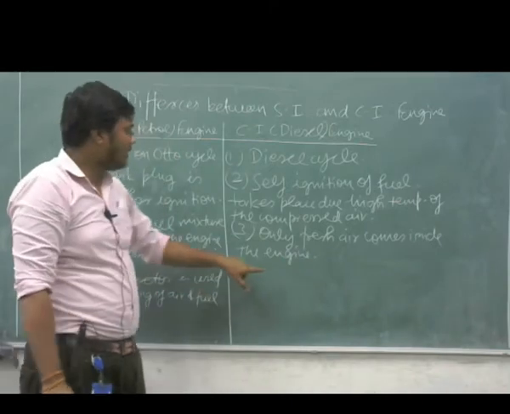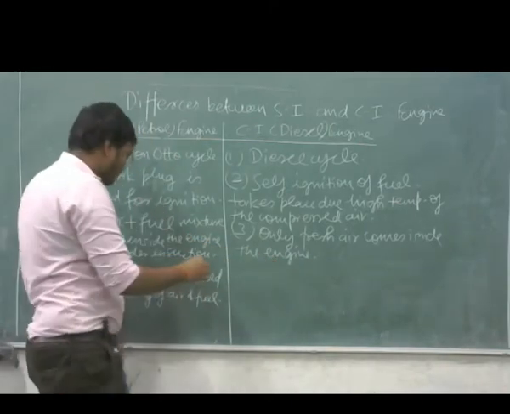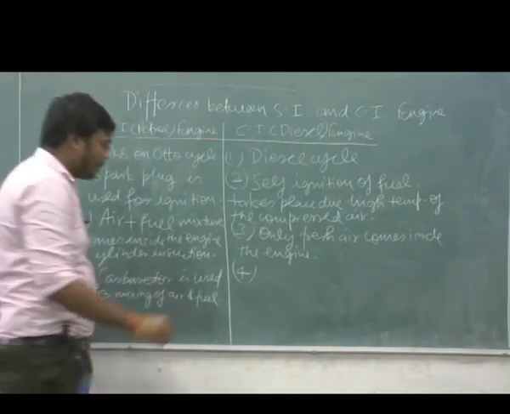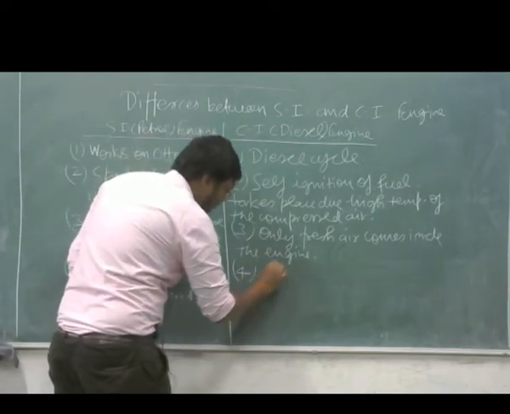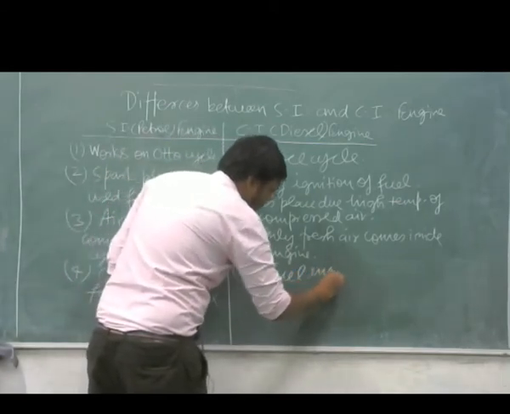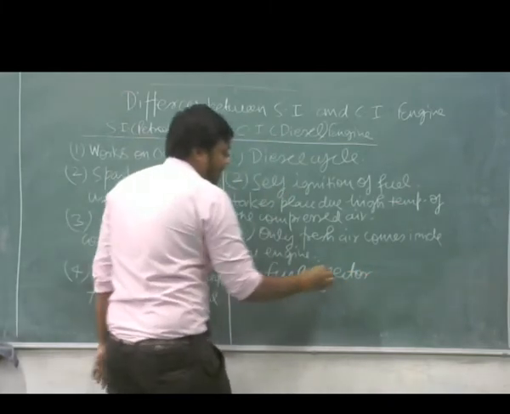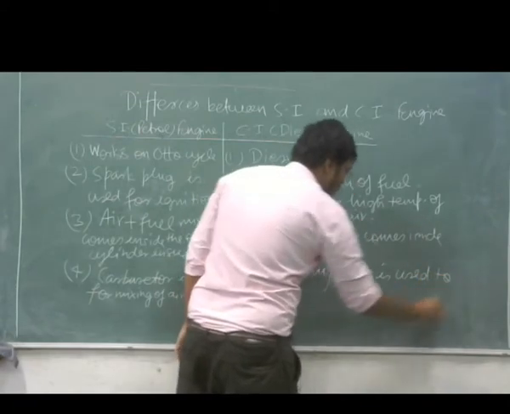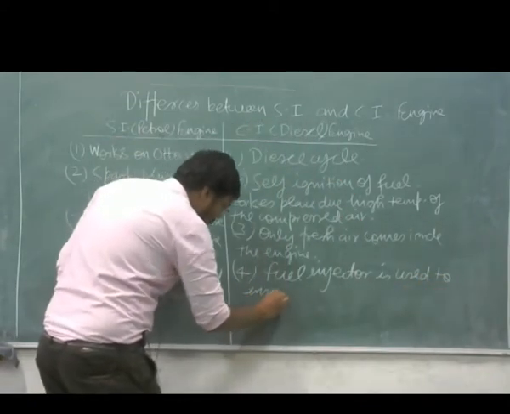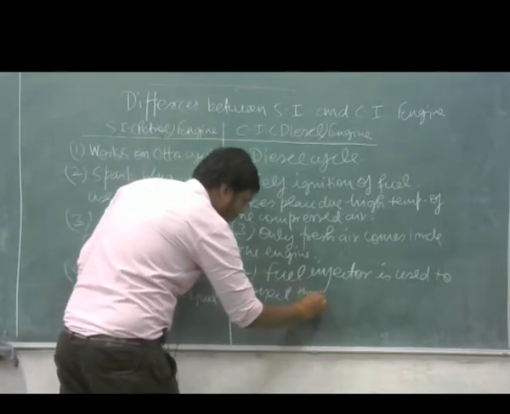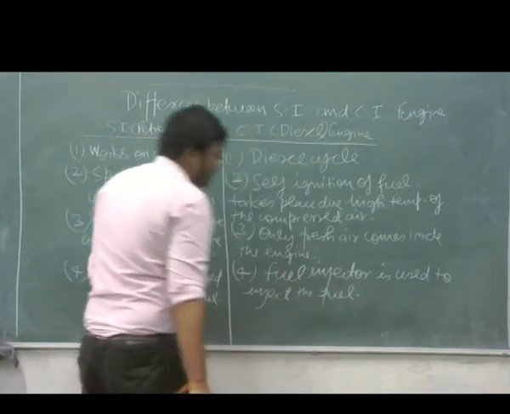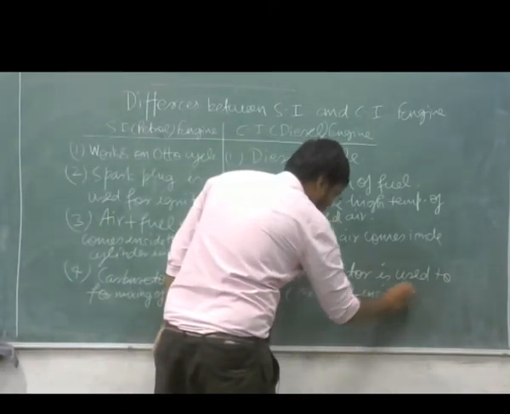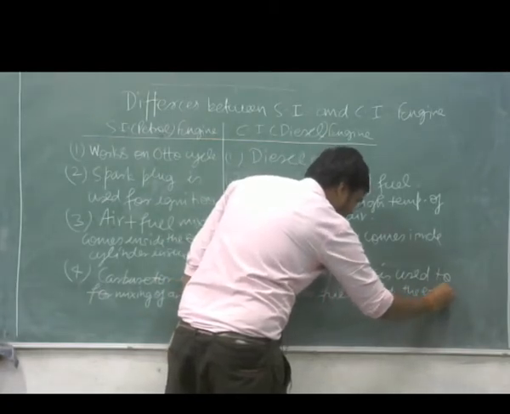So the carburetor is not used here. In place of the carburetor, we are using a fuel injector. In CI engine, the fuel injector is used to inject the fuel inside the engine.